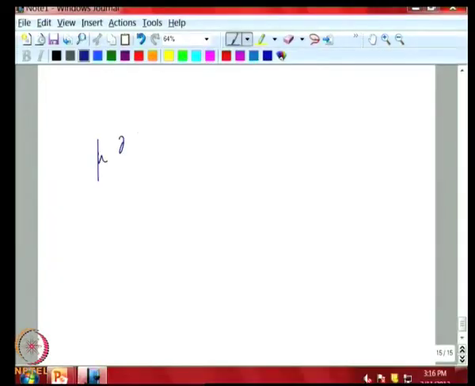So, the general problem now has the angular dependence explicitly there, and the pure scattering problem we are dealing with.